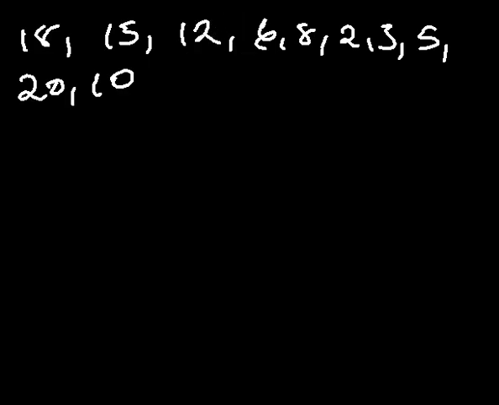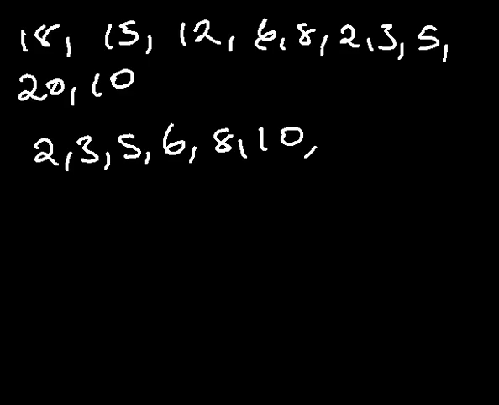First thing, we should arrange the data in ascending order. So we'll have 2, 3, 5, 6, 8, 10, 12, 15, 18, as well as 20. So this is the data in ascending order.